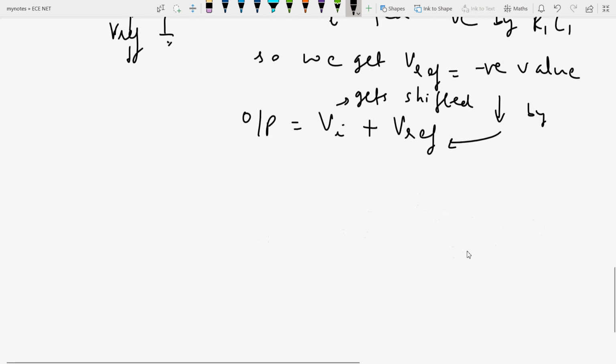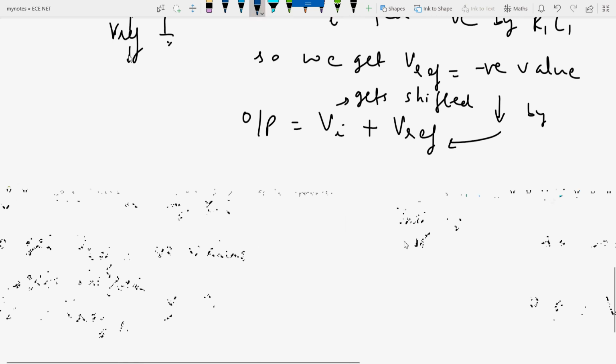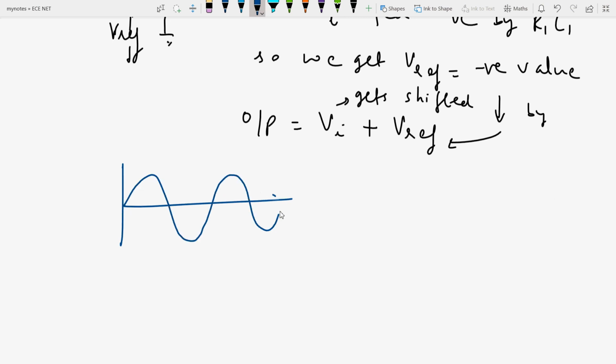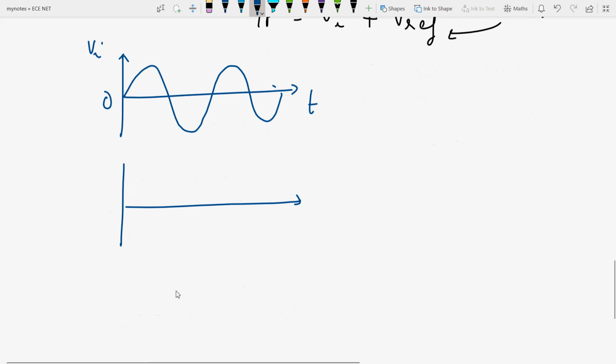Now what will be the waveform? How will it look? See, this is the input signal waveform, which is sinusoidal in nature, okay. This is the input, this is the horizontal axis, and this is T, and here it is O, the origin, or you can say the horizontal axis starting from the origin.